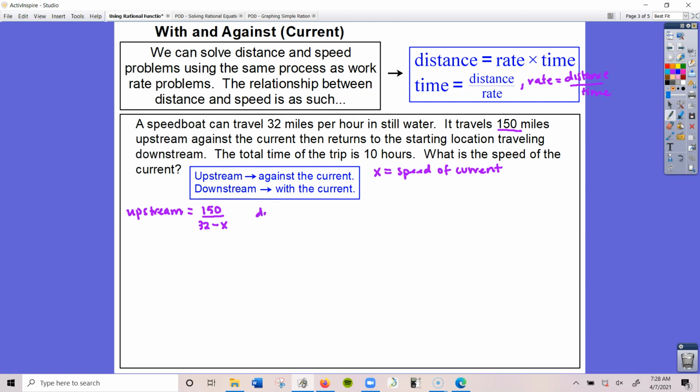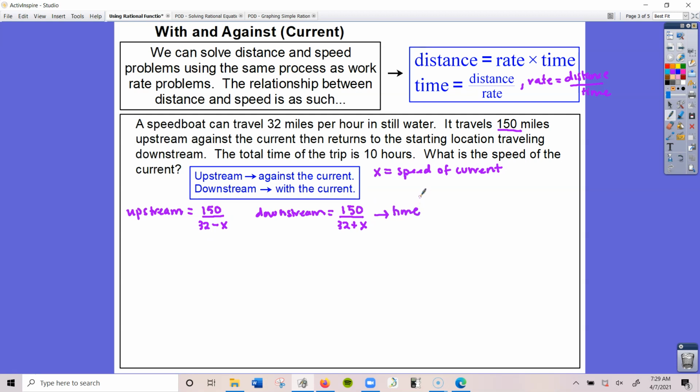That means that when the speedboat is going downstream, it says here that it returns to the starting location. So the distance is also 150 because it's going back to where it started. And the speed of the speedboat is 32, but now it's going with the current. It's going downstream. So that would be plus the speed of the current. So all of this represents time.